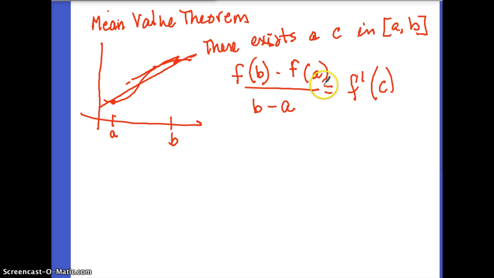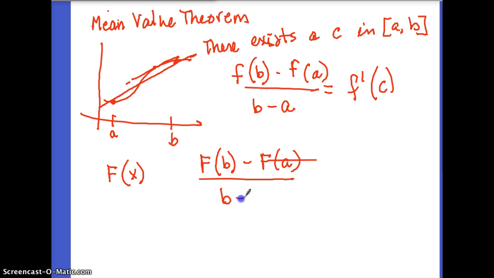Now, here's the thing. I also could call this function capital F of x. And if that's the case, it just means capital F of b minus capital F of a over b minus a is equal to f prime of c. But you know where I'm going with this. This f prime of x, that's what we used when we talked about taking an antiderivative.